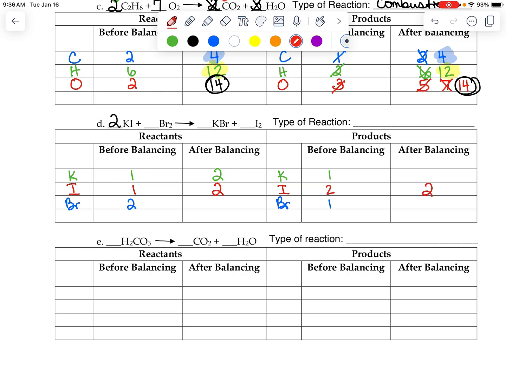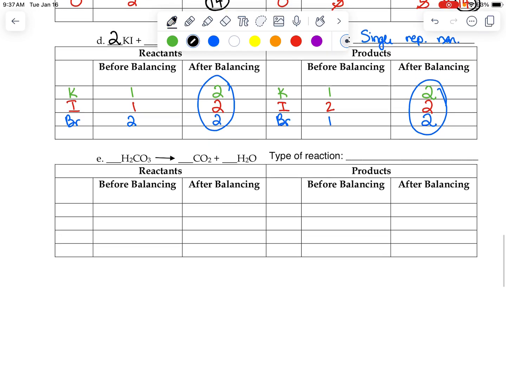So my iodine is balanced. I'm going to put a 2 in front of the KBr. That's going to give me 2 potassiums coming out. That's also going to give me 2 bromines coming out. And that means that everything is equal. We can see each of them have 2. This is going to be a single replacement reaction.